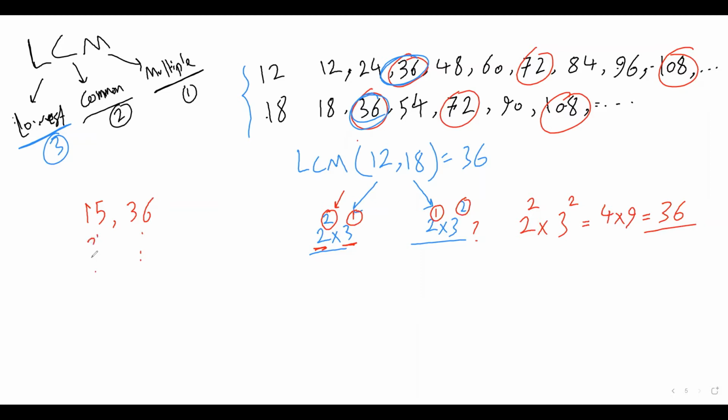For 15, the next one is 30, 45, 60, 75, 90. It keeps going. For 36, that would be 72, and then 108, right? And it keeps going. And then you have to circle the first common numbers, I'm sorry, multiple, not factors, that you reach.